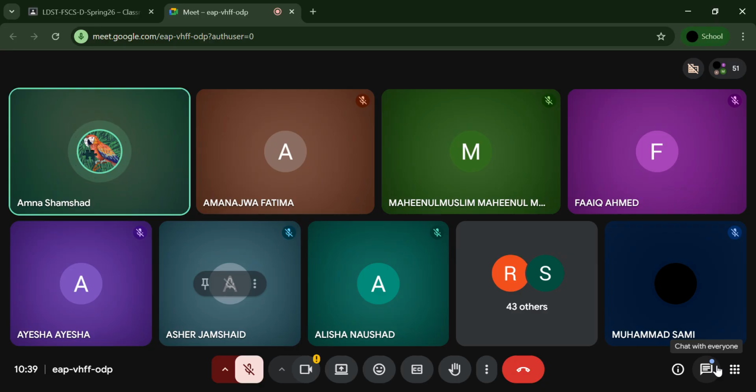Then you have to complete it using all the steps. The question should be like this: design a sequential circuit for a 2-bit synchronous up down counter.